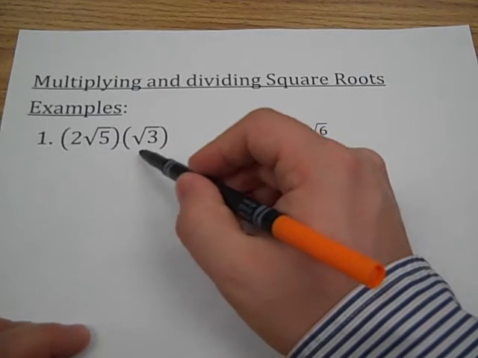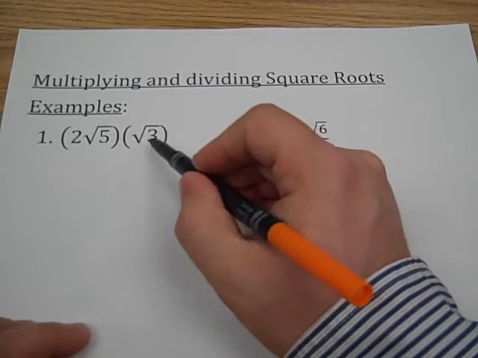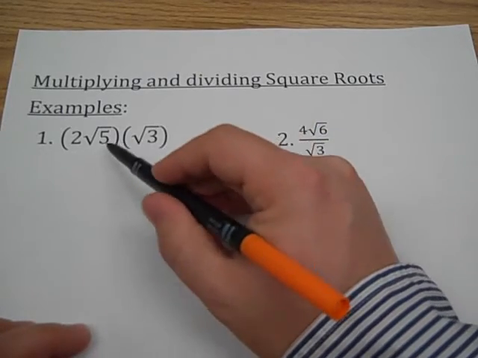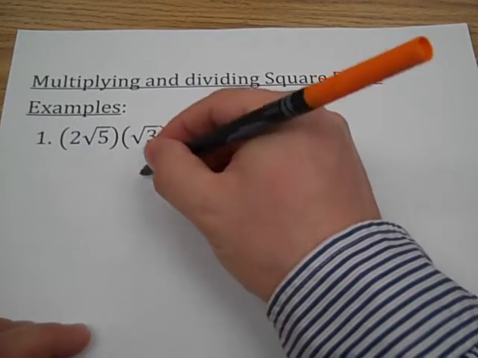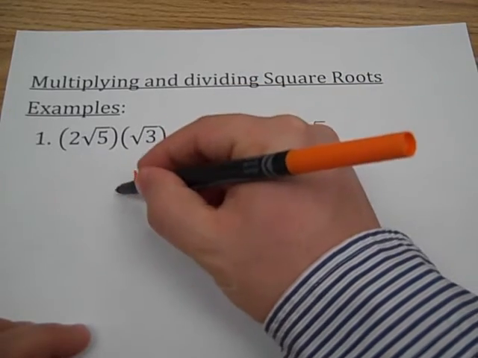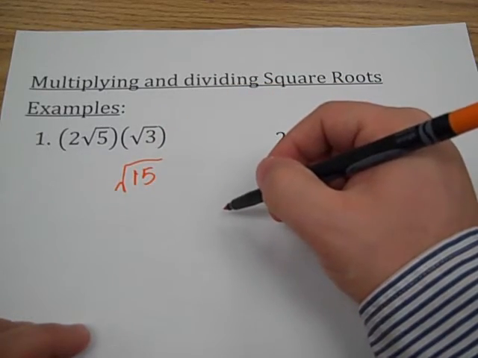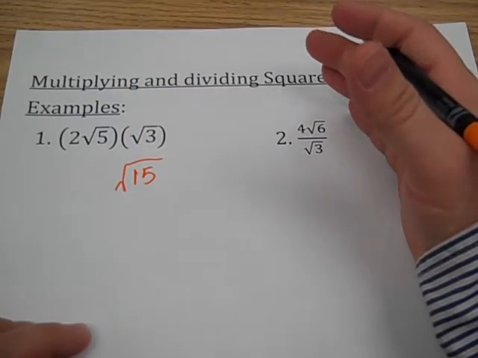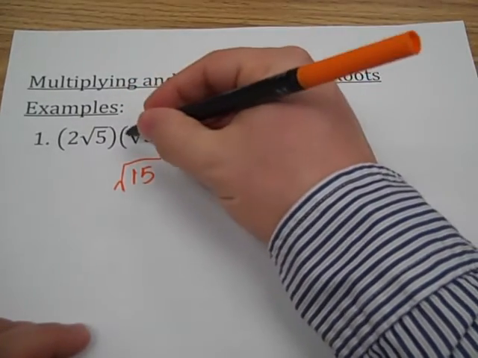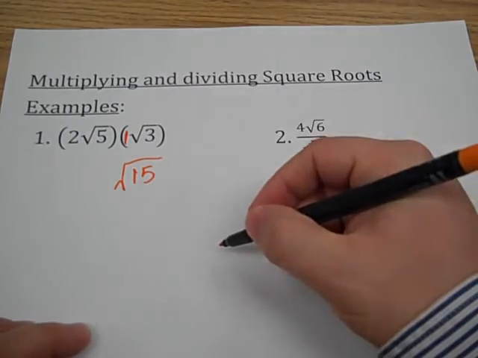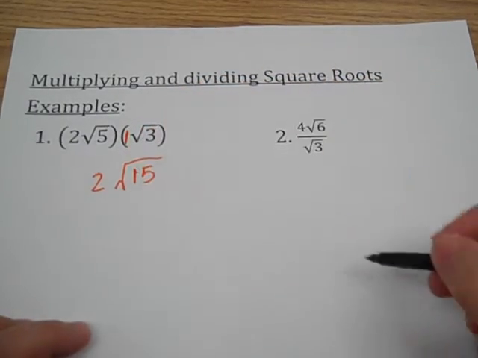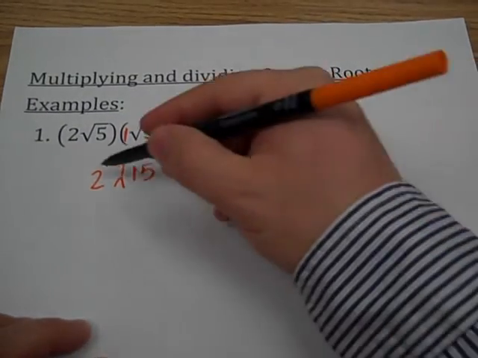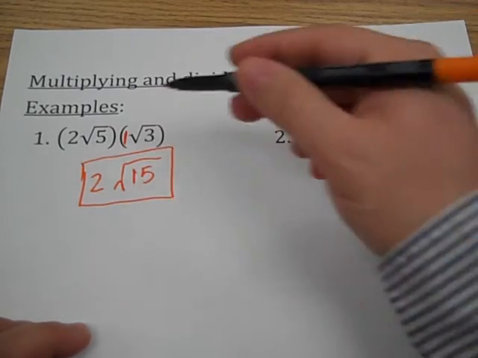So what I can do is multiply the numbers that are underneath the square root. So 5 and 3 gives me 15. And that's underneath the square root. And then I multiply the numbers that are not underneath the square root. So in this case 2, and we can say there's a 1 out there, so it just stays 2. And that's as simple as we get.